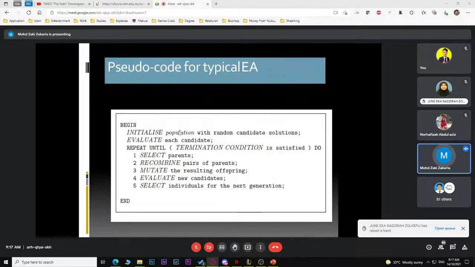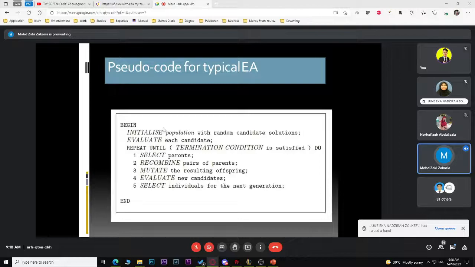Okay, I show you the basic algorithm for EA. So first we begin, we set the population. Initialize the population with random candidate solutions. So for example, for 5 million solutions, we just pick up randomly the candidate solutions.